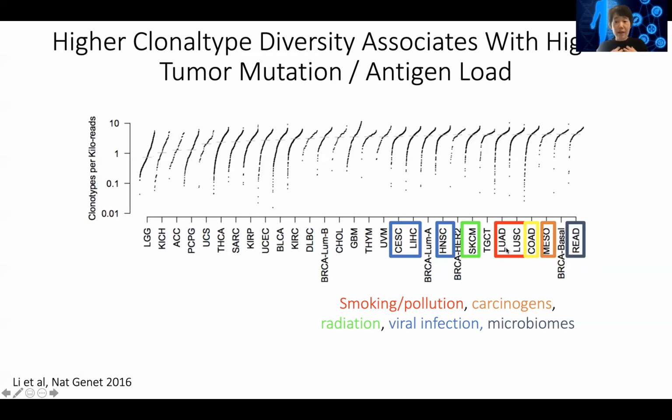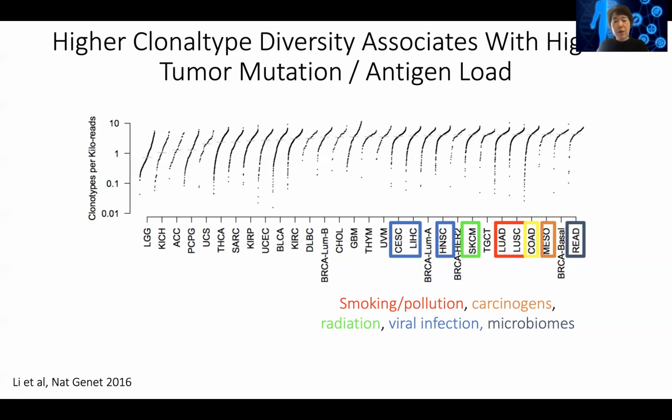People who smoke have a lot of mutations in their airway. And mesothelioma is from asbestos, a carcinogen. And colon cancer has the microbiome.